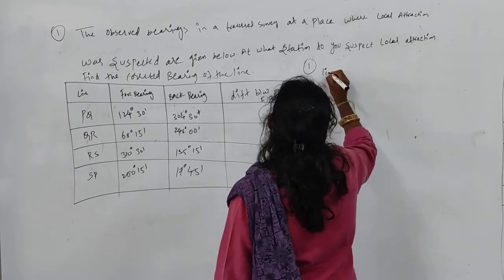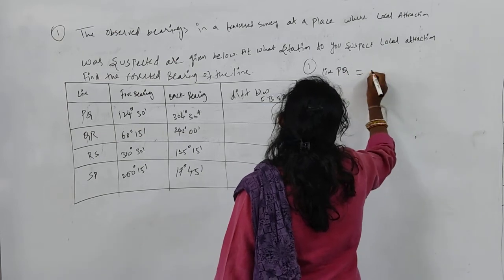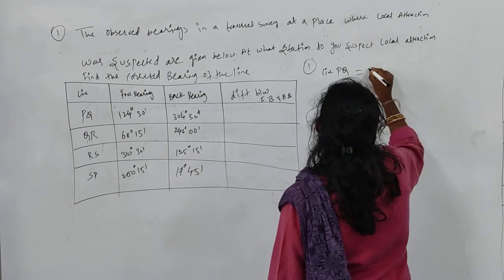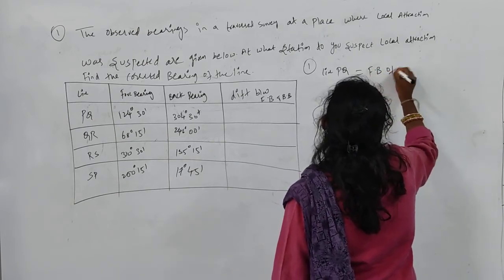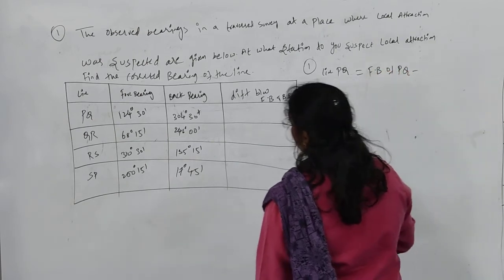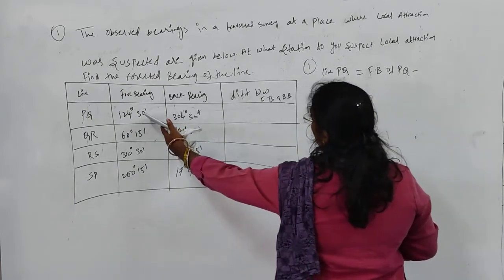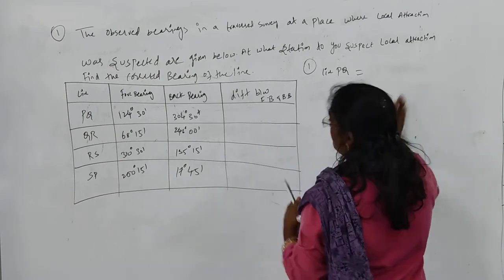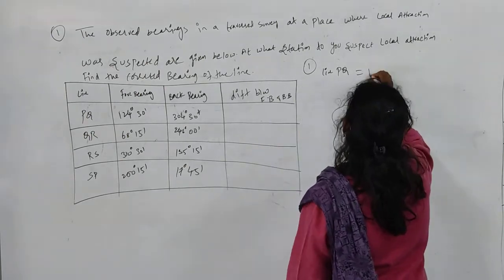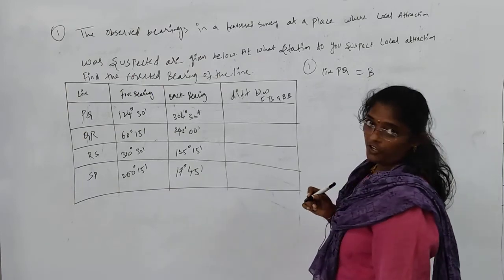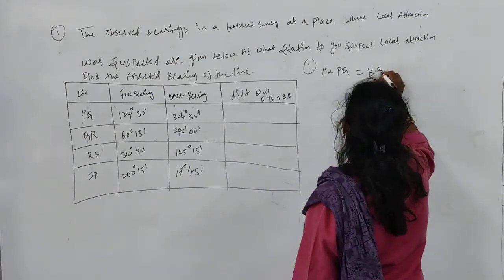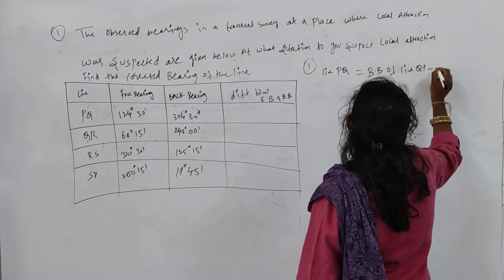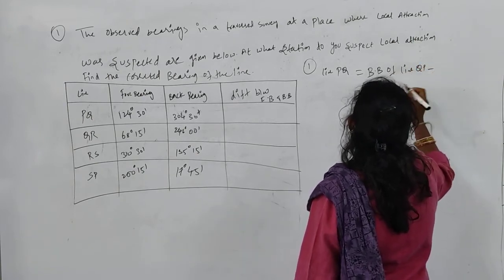The line PQ. Forebearing of PQ minus, so here it is the lowest value, here it is the highest value. So first I am considering the back bearing here. You can take back bearing minus forebearing or forebearing minus back bearing. Back bearing of line QP minus forebearing of PQ.